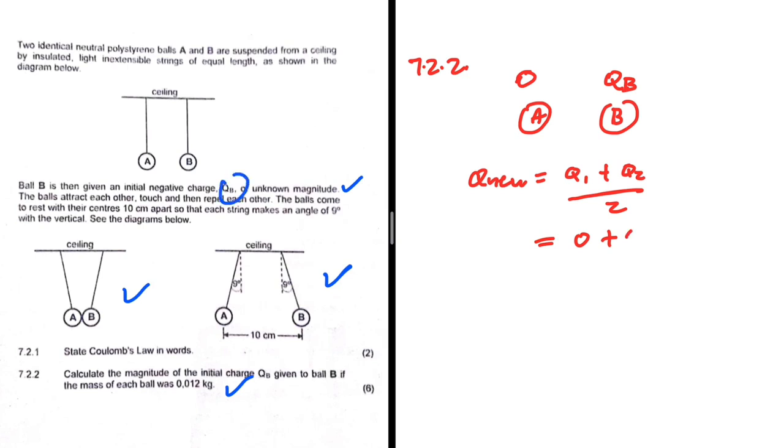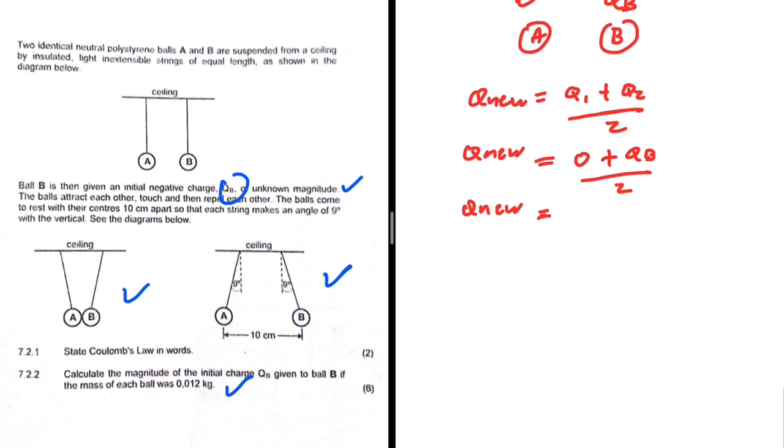So let's write QB there. And then we divide everything by 2. So the new charge on the two spheres, Q new, is equal to QB over 2. So this is the new charge on both spheres A and B after they touch and separate.